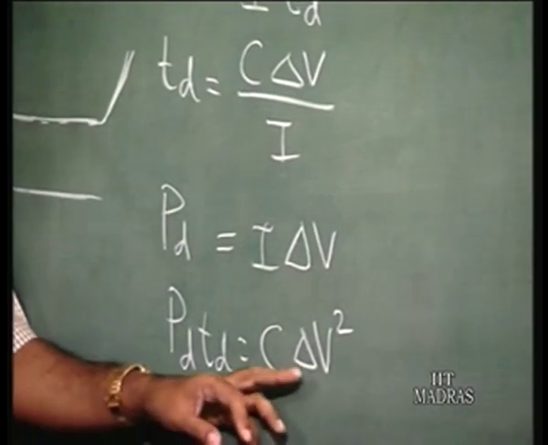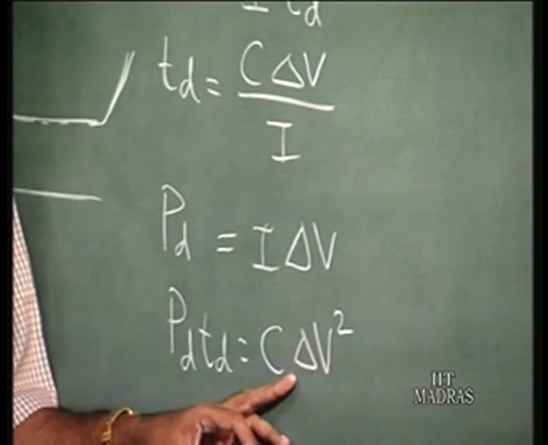Now this delta V is a very small quantity in I squared L.